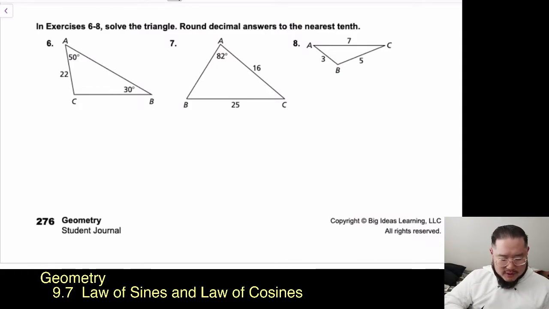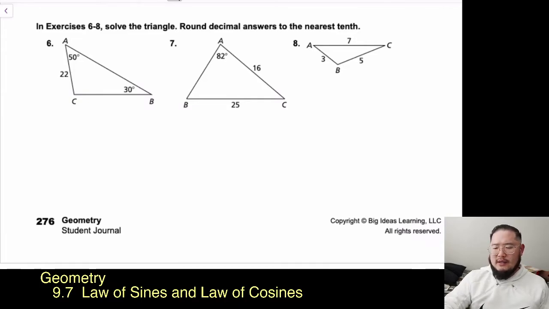So I look at number 6, and I see 2 angles, and I have one side. Okay? And I take a look at my notes, and I'm like, oh, when do I use the law of sines? It says when 2 angles and the length of one side is known. Angle, angle, side, or once again, angle, side, angle.